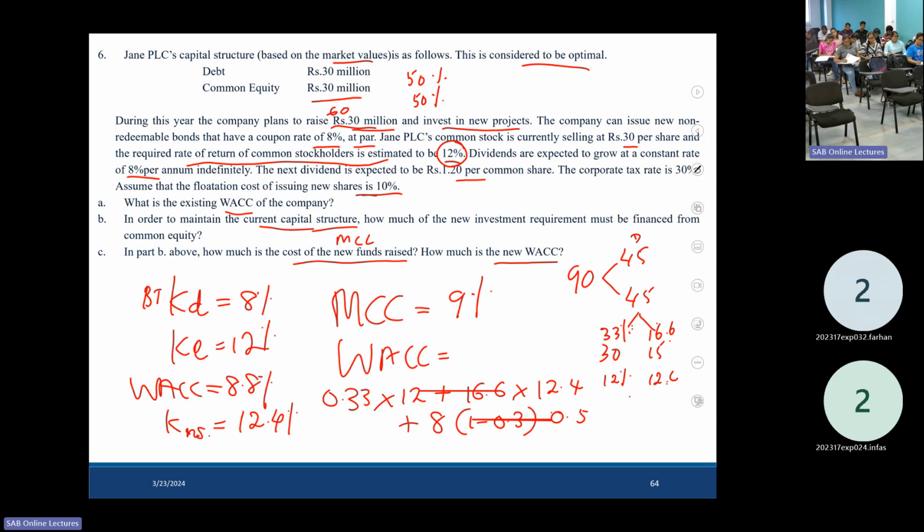What's the new WACC? New WACC is how much?